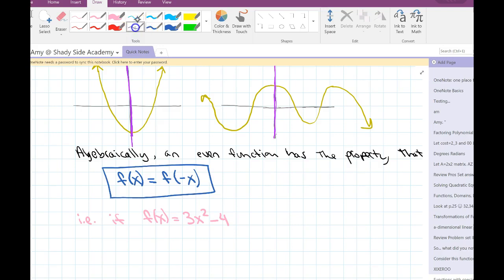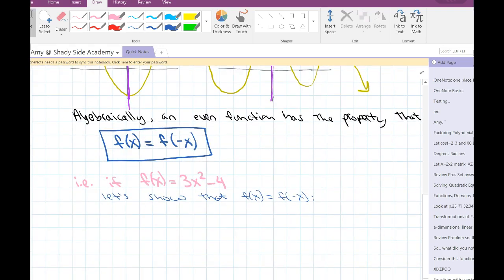So what we're going to do here is show that f of x equals f of negative x. If f of x equals 3x squared minus 4, then f of x equals 3x squared minus 4, and for f of negative x, let's input negative x into x.